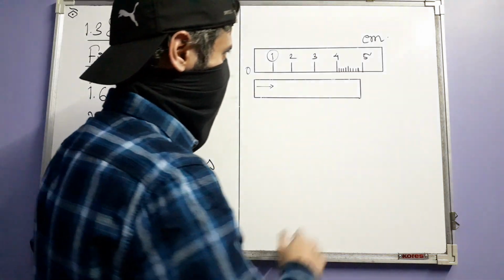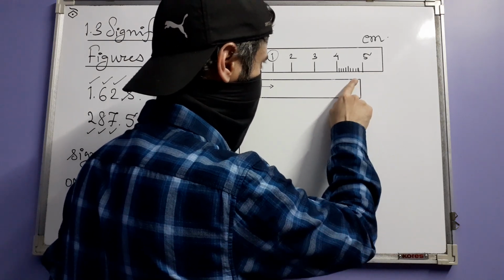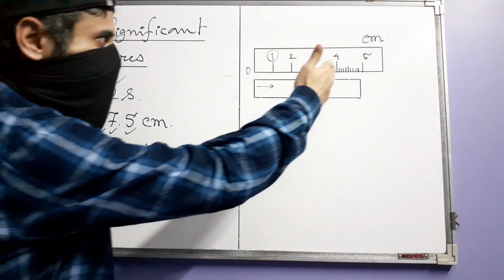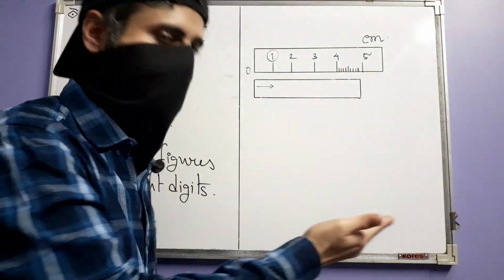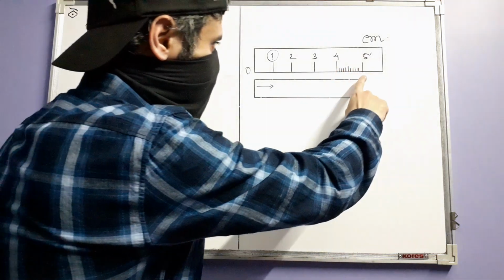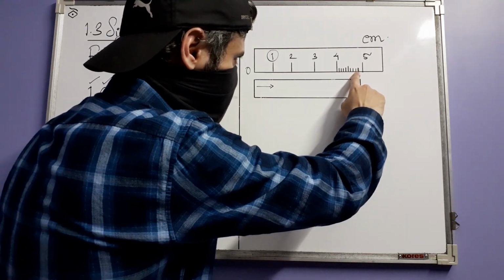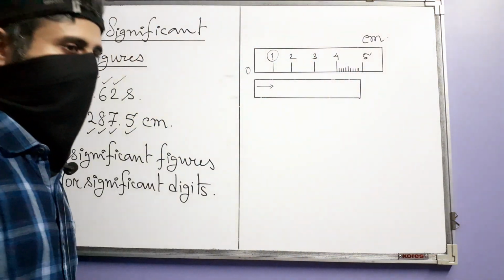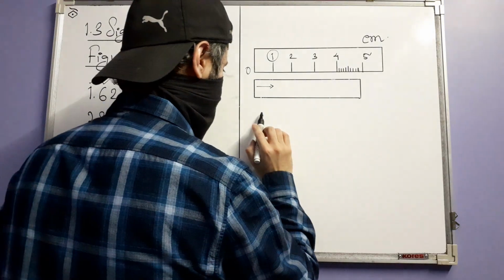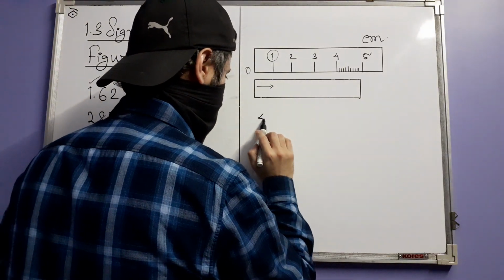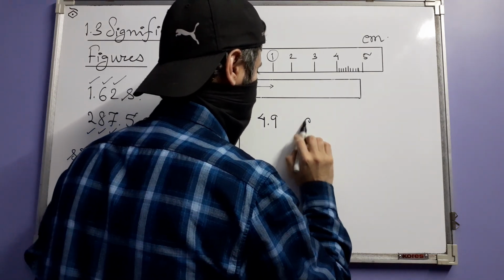So after looking at the smaller marks, we see that this last small mark actually has been surpassed. So the right end of the object lies between this last mark and the 5 centimeter mark. That tells me that the length of the object is 4.9 something centimeter.